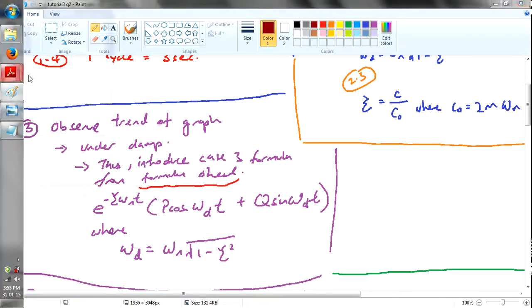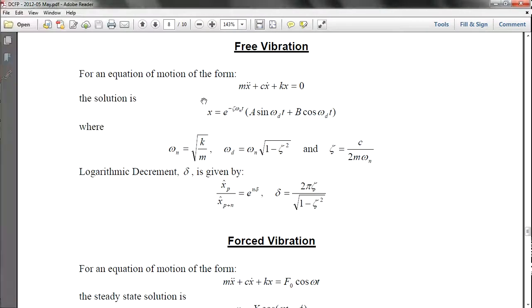If you remember, the formula sheet itself has this formula. x equals to, this is the case 3 formula, having the trend, but it's totally not the same as the case 3, I would say. What I mean is the math case 3. Anyway, this equation is what we derived earlier.